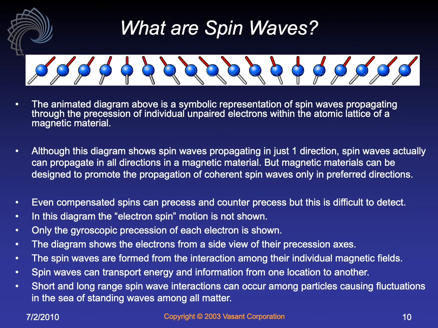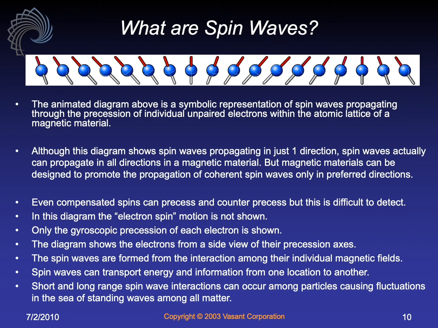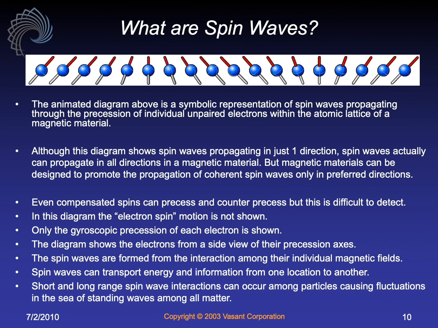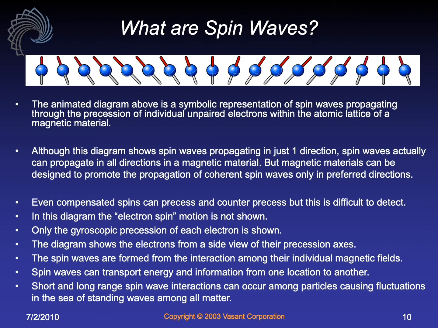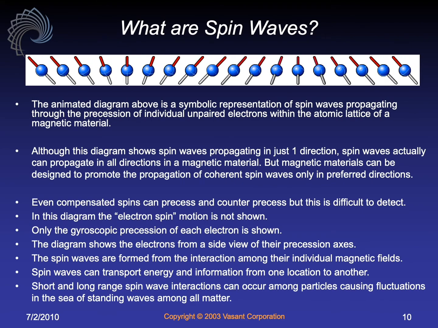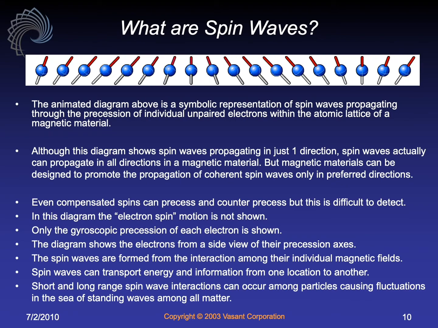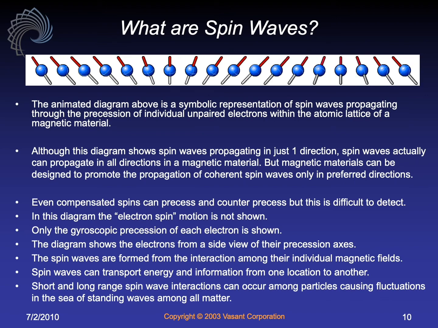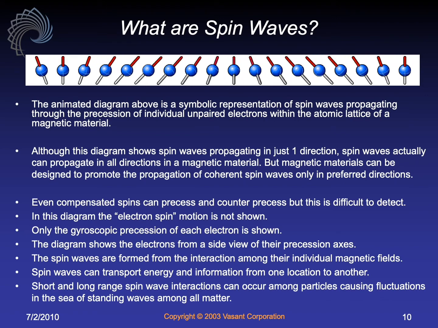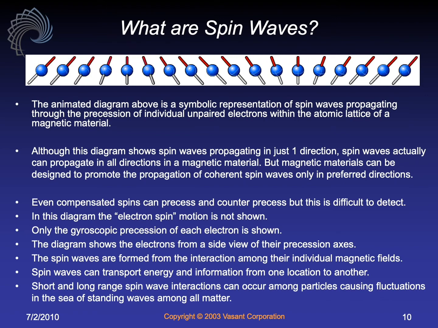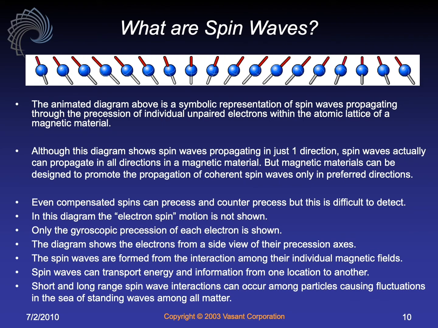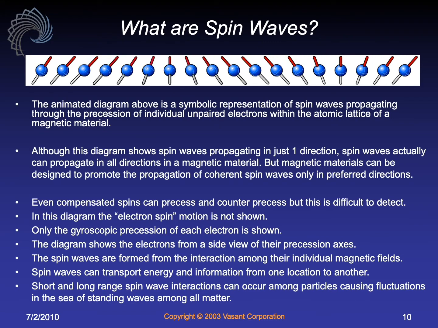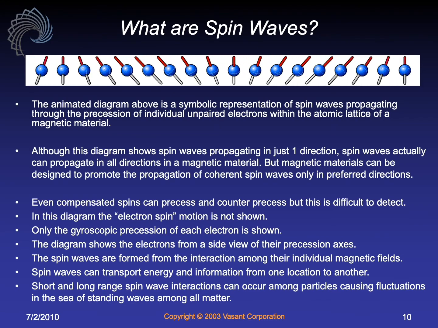But most of this technology advancement that's possible that I'm trying to describe has to do with spin waves among paired electrons, for example, or compensated spins. You can't easily measure it, and according to Occam's razor, you're supposed to just forget that it exists. But in fact, it is still there, and there are spin waves capable of propagating out throughout the whole universe, creating this sea of standing waves, even though it's not easily detected.